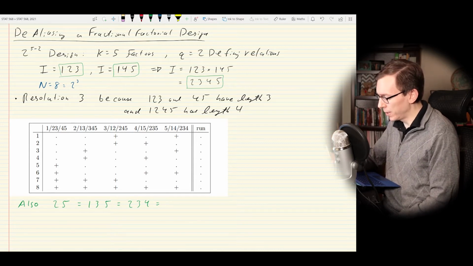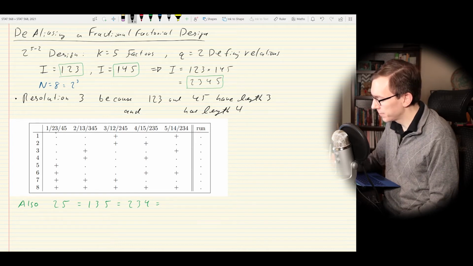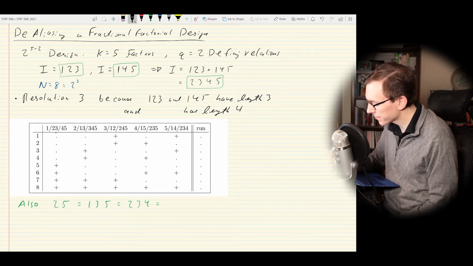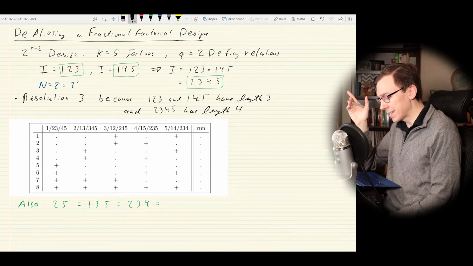It's still going to be a resolution 3 design. 2, 3, 4, 5. Okay. So we still have a resolution 3 design.